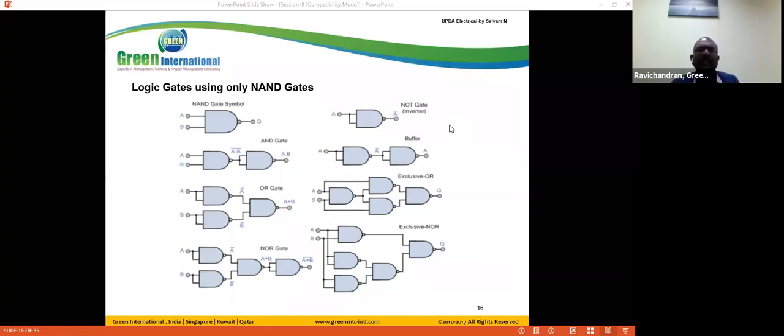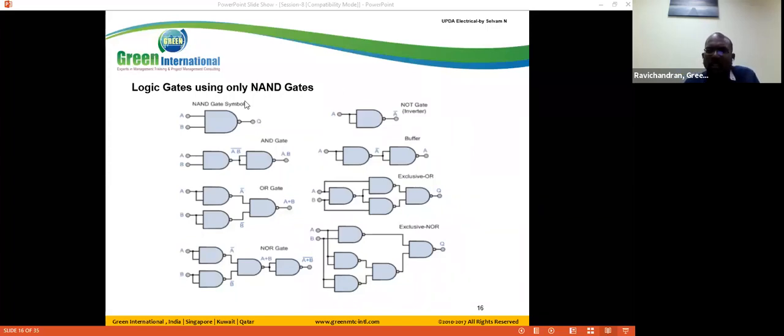So by using that, we have the basic gates: AND gate, OR gate, NOT gate. By using the NAND gate, we can draw all the logic gates. That's why we use the NAND gate as a universal gate.